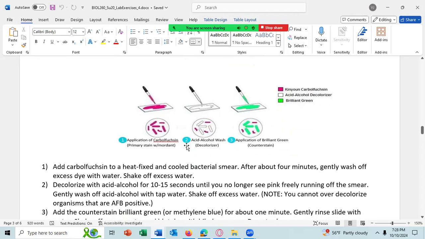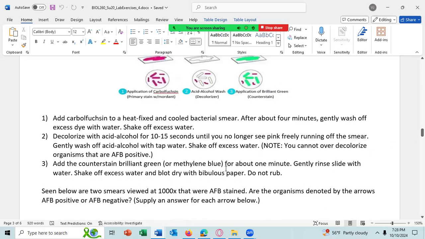Then you do the acid alcohol wash, the decolorizer, where the acid-fast negative cells will become clear, but the acid-fast positive bacteria will remain reddish. You then apply the brilliant green as your counterstain, and the acid-fast negative cells will stain green. The acid-fast positive cells will stain reddish or pinkish. So this lists the steps of the acid-fast stain.